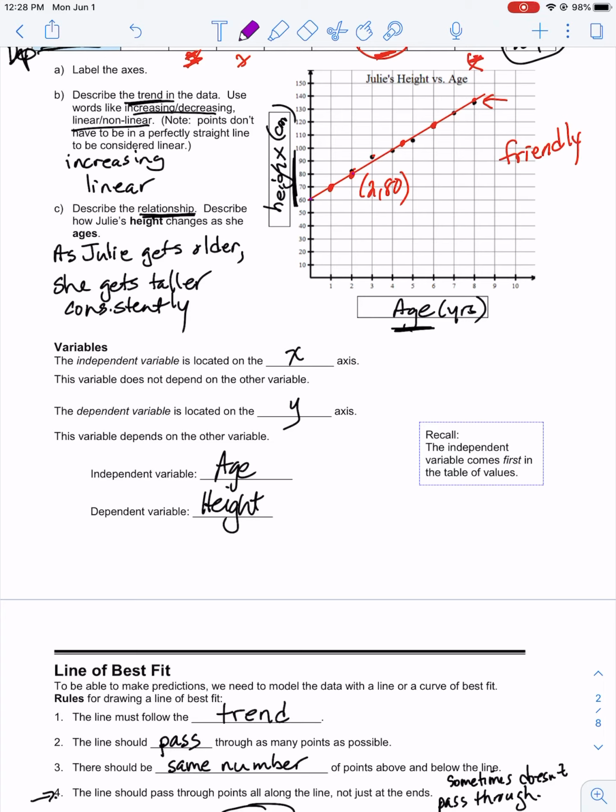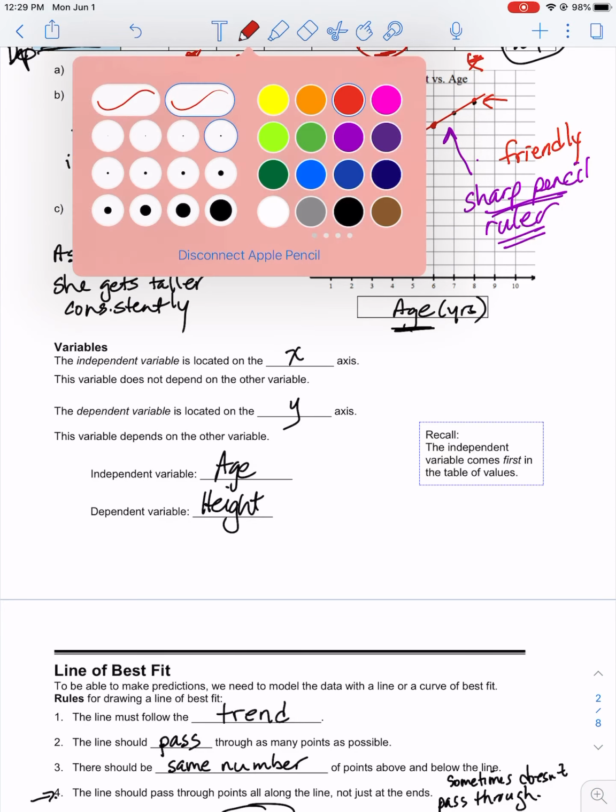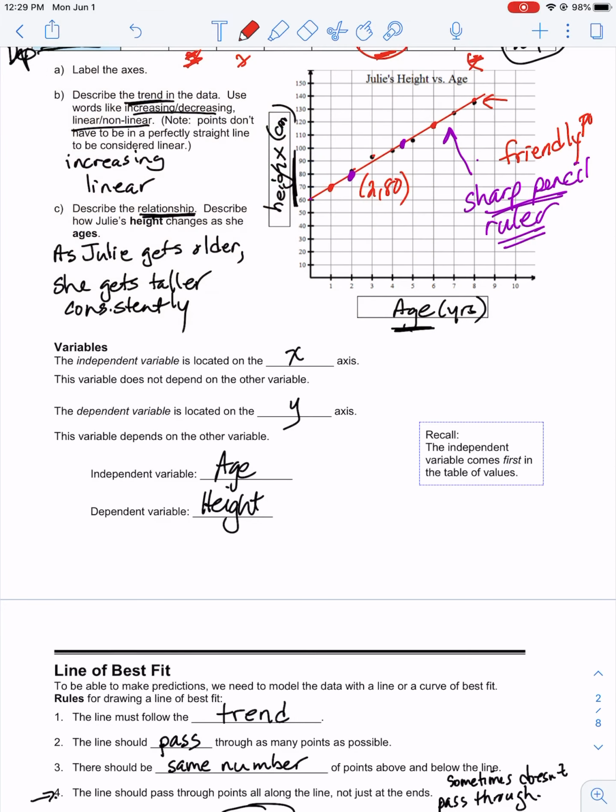So you need 2 points that lie on the line, and don't cheat. Don't pretend. Don't draw your line really thick. This should be done with a sharp pencil and a ruler. If it's not, I'll give you 0 on it. Sharp pencil and a ruler, and then this friendly word here was friendly points.